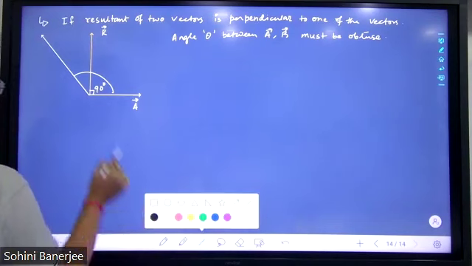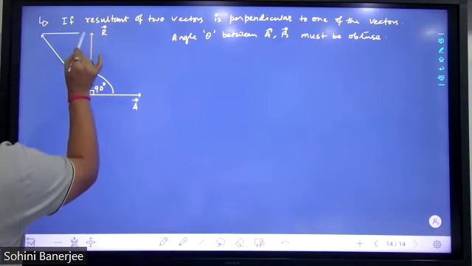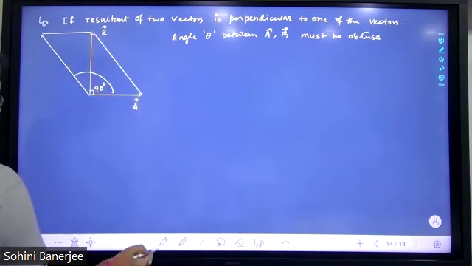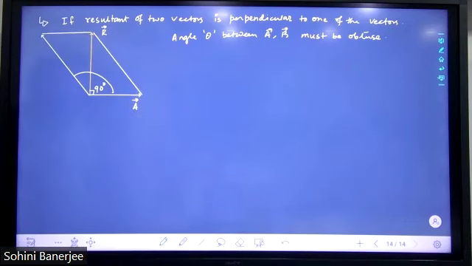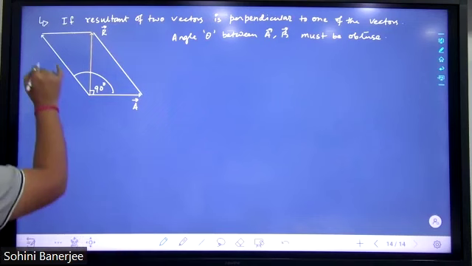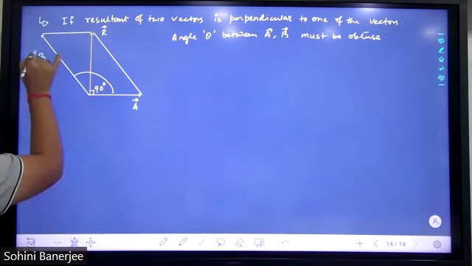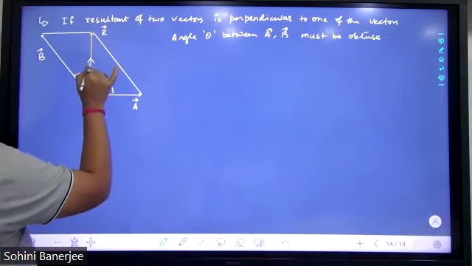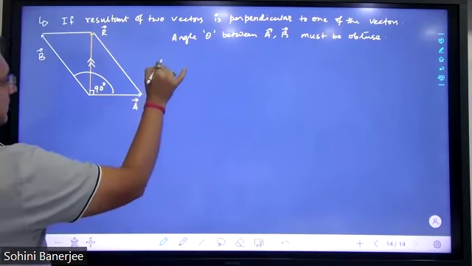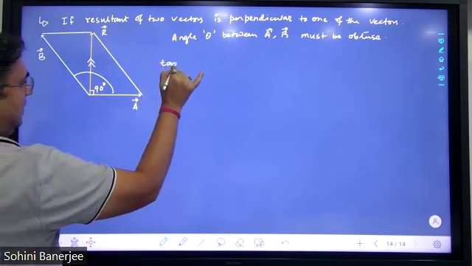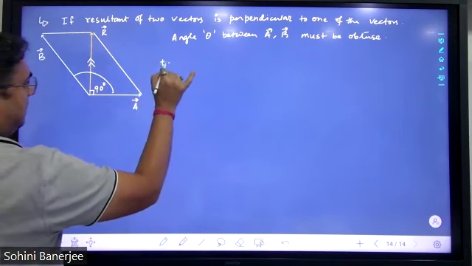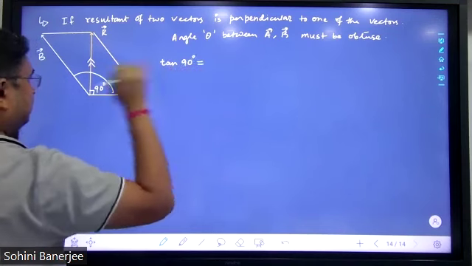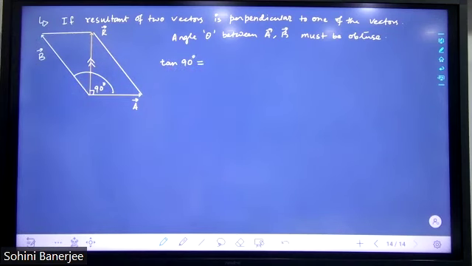So this is the parallelogram. This is B. So the resultant makes 90 degrees with A. So tan 90 degrees.